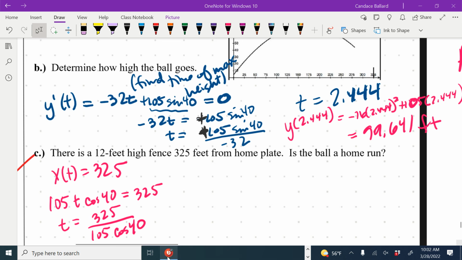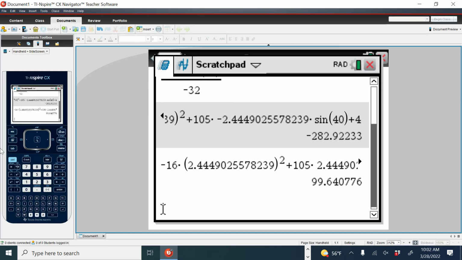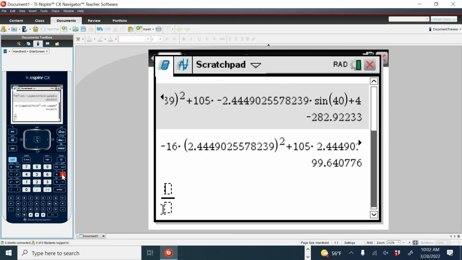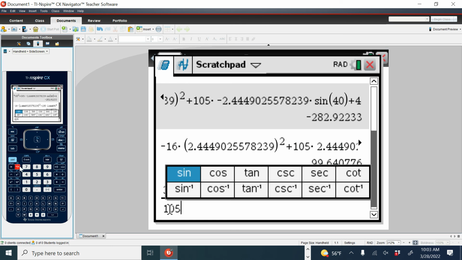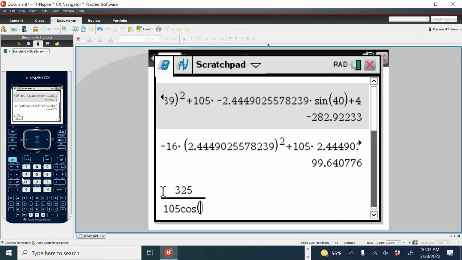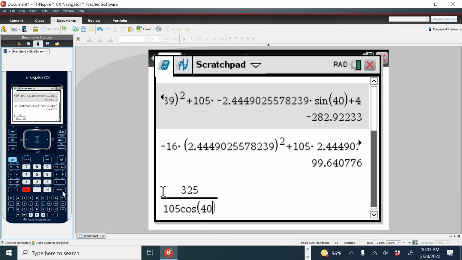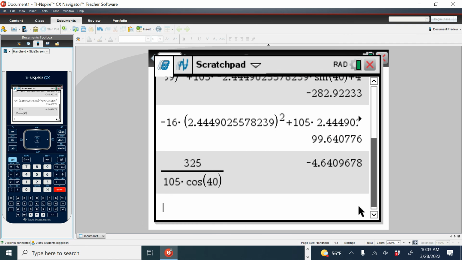Look at what I have to do: 325, not 105. 325 divided by 105 cosine of 40. Yeah, we're still not getting the same numbers there for some weird reason.